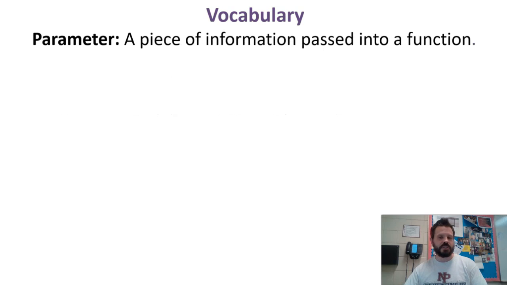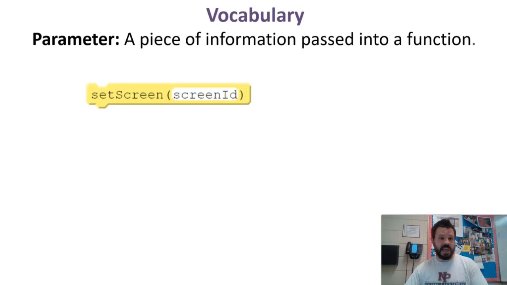Now moving on to parameters, I'm going to say a parameter is a piece of information passed into a function. We've been using parameters pretty much this whole course, we just haven't been calling them that. For example, if I call the function setScreen, it takes a parameter, screen ID. The ID is what we pass into the function to let it know what screen we want to set.